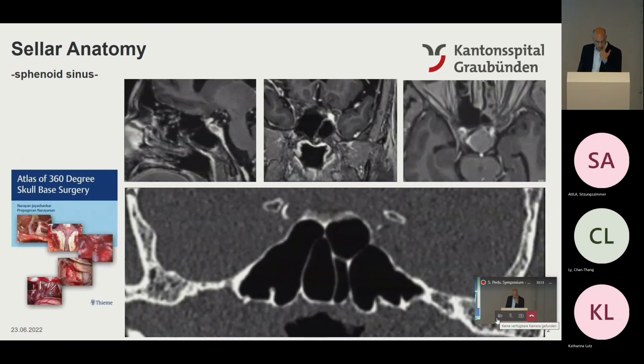And when you see this on the imaging, the sphenoid sinus, you see mostly various septae inside. This is one septum you see in all 3 images. It's a longitudinal septum in the sinus, and here you see multiple septa.